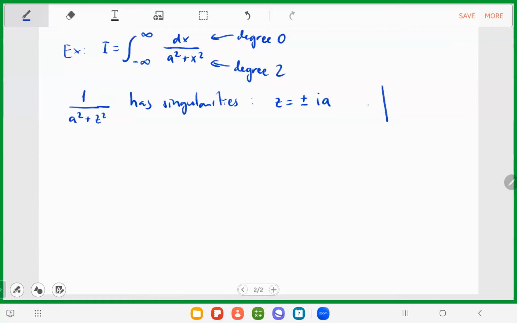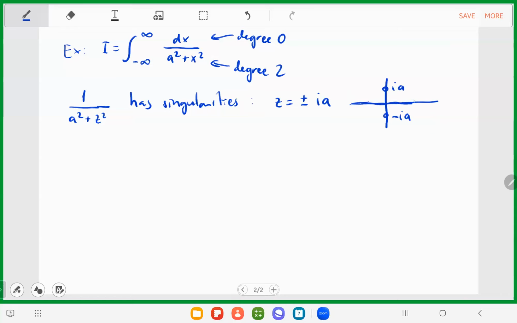So that means, if we assume a is positive, it doesn't matter, but it's the simplest thing, then we'll have ia here and minus ia here. That means only one is inside the contour.